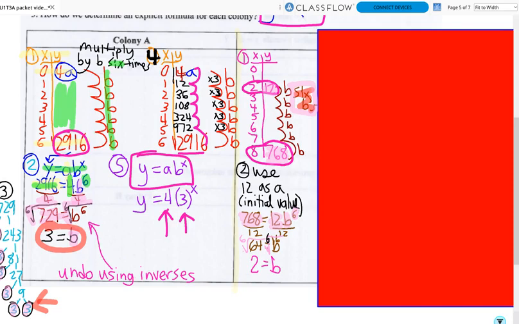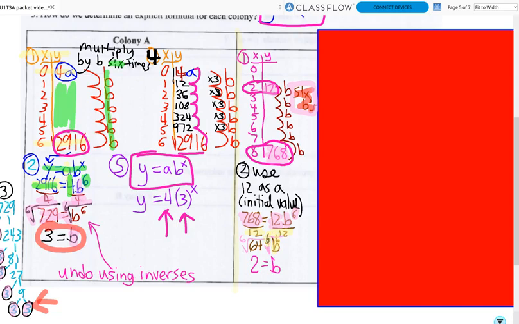Use what you know about inverses to undo the exponential, or now it's really a power equation, to solve for b. First step, divide each side by 12 so I can get b to the 6th by itself. To undo b to the 6th, I have to take the 6th root.